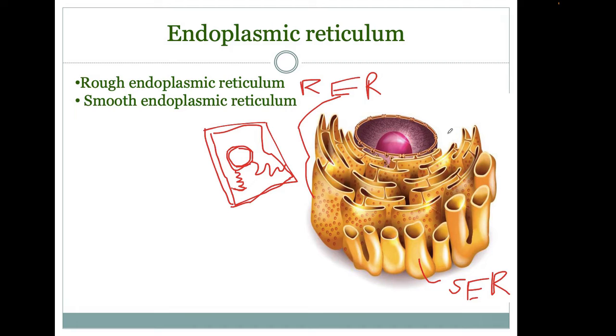It was reported by K.R. Porter in 1945. It is found in all eukaryotic cells.